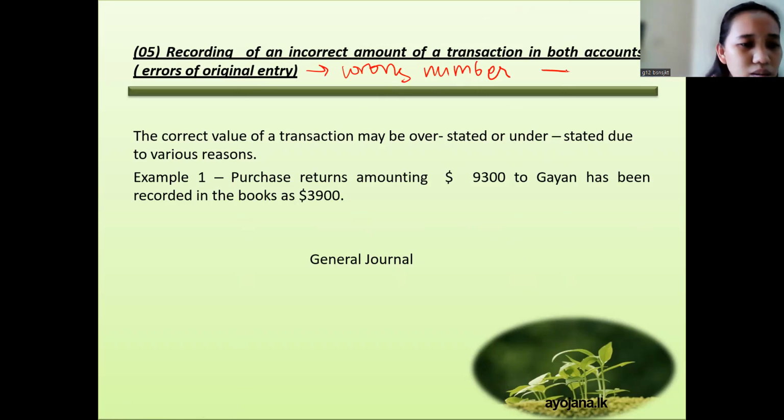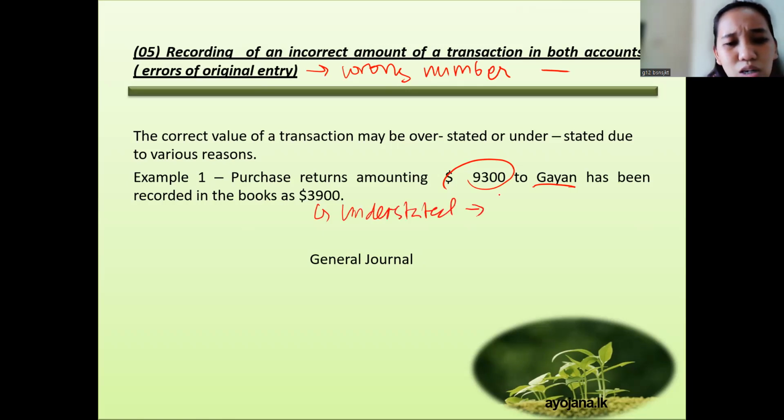For example, there are purchase returns amounting to 9,300 to Gayan that have been recorded in the books as 3,900. That will become understated, right? Supposed to be 9,300, you write 3,900. So how much is the difference? We need to find out the difference. 9,300 minus 3,900.